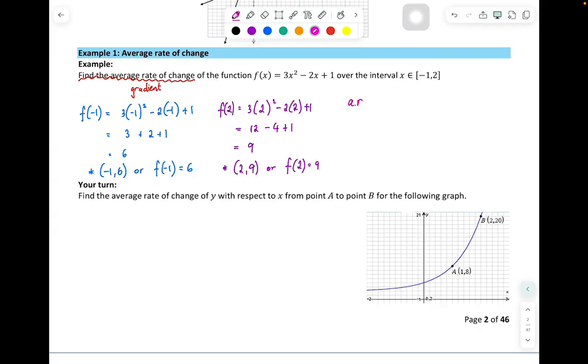So average rate of change over this interval here is basically y2 minus y1 over x2 minus x1. The way that I like to do it is I like to set this up. I can write out the formula as well. I still like to write out y2 minus y1 over x2 minus x1, but just have a watch of how I set this up first.